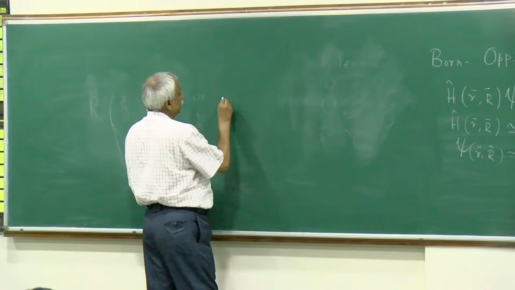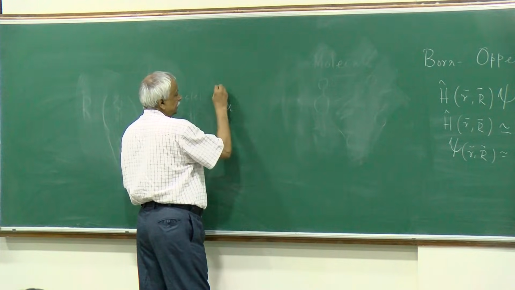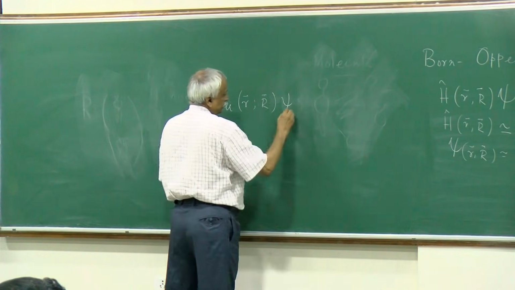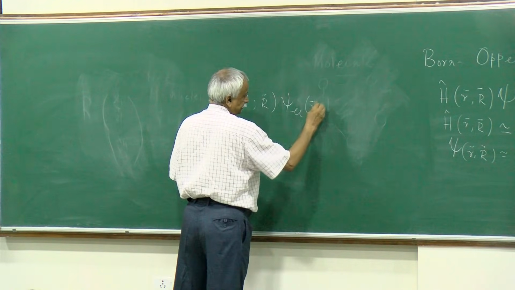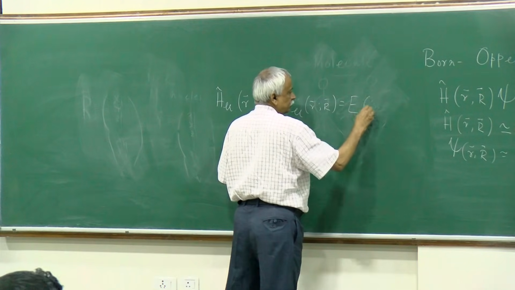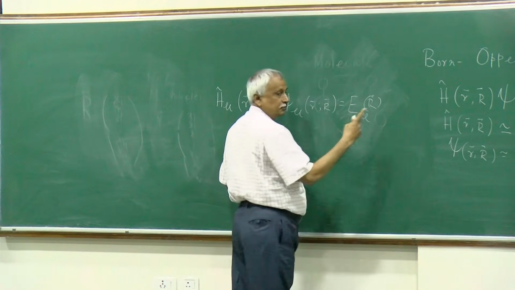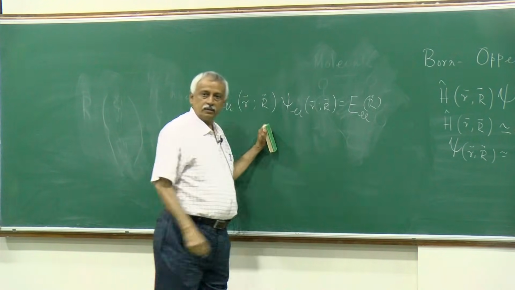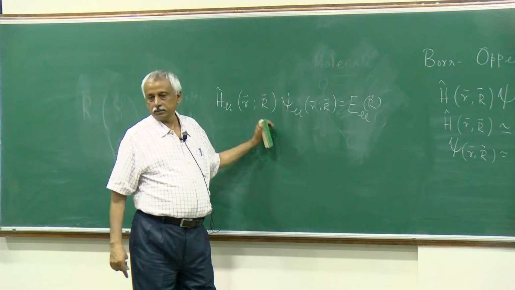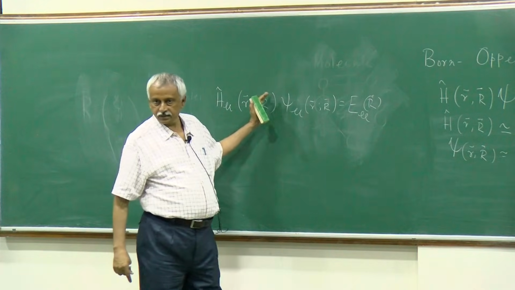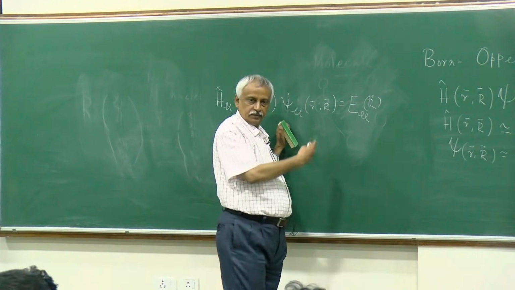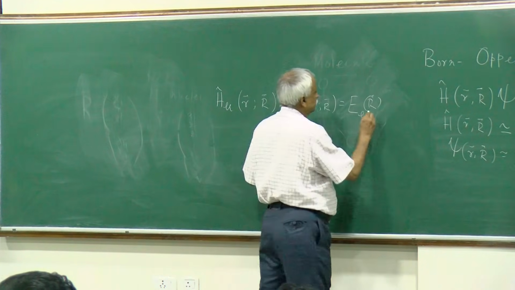That equation is H electronic (R) psi electronic equals E electronic, which depends on R, because if you change the nuclear geometry, the corresponding electronic energy will also change, because the electron-nuclear attraction potential enters into this.